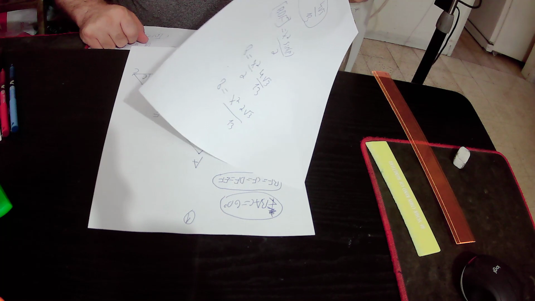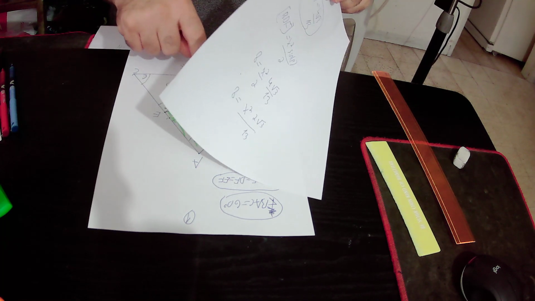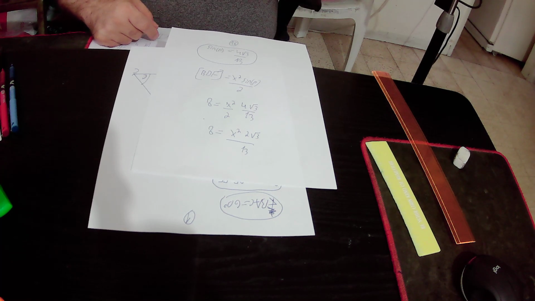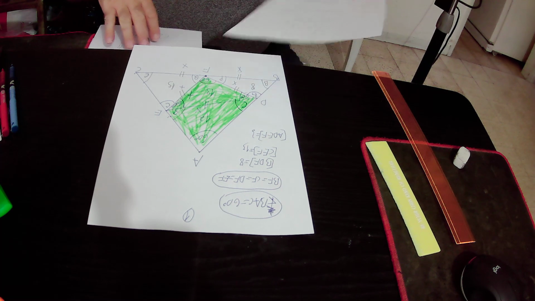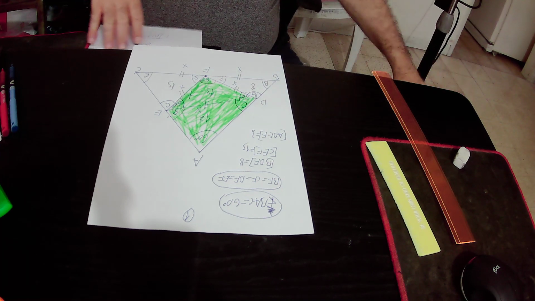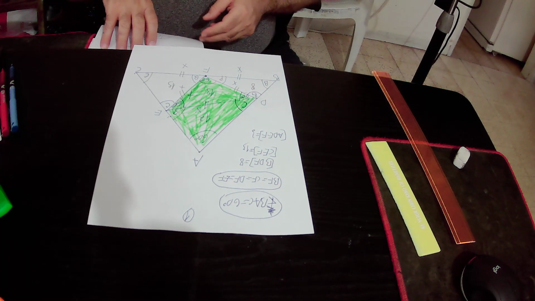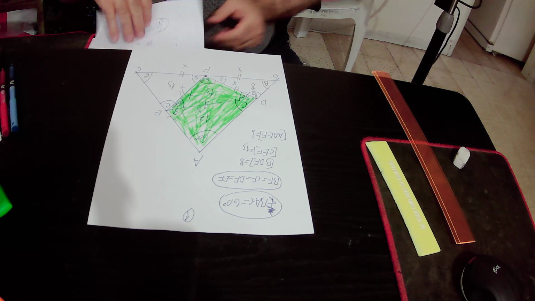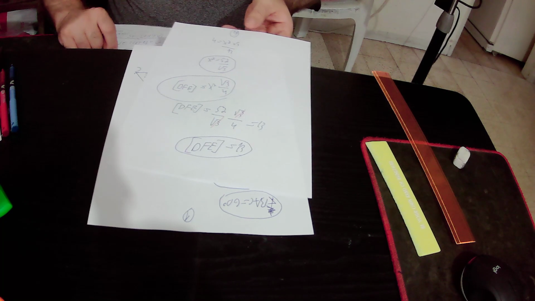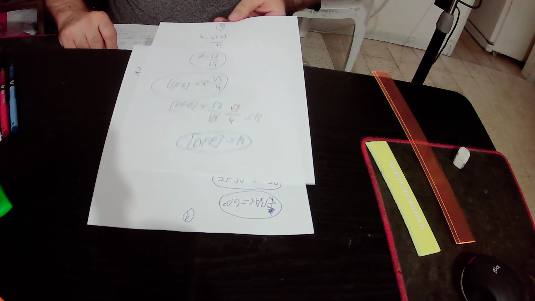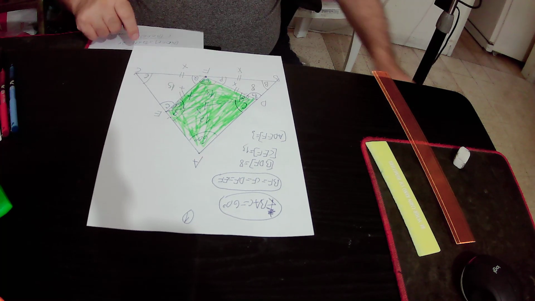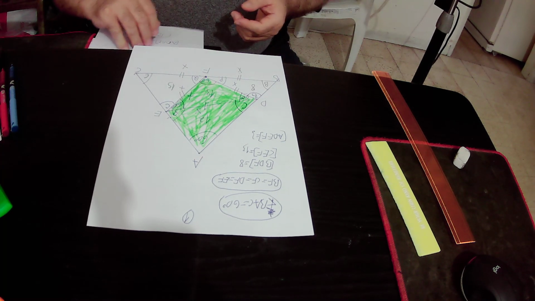We found out that the area of the equilateral triangle DFE equals 13 square units.